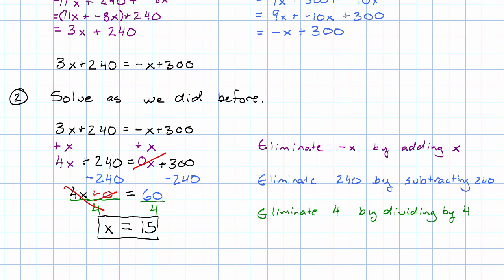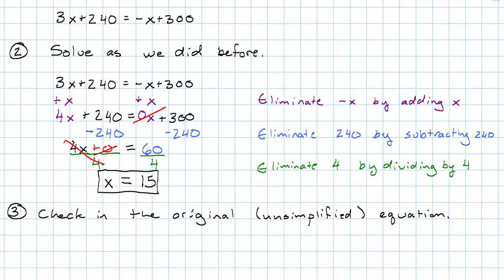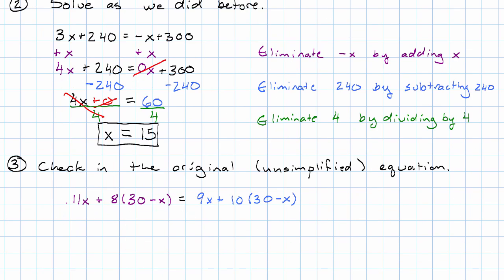When I go to check this, I will check this in my original equation. So my original equation again was this one. Plugging into the left-hand side, I'll get 11 times 15 plus 8 times 30 minus 15.